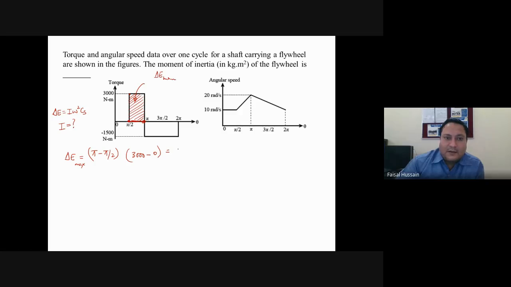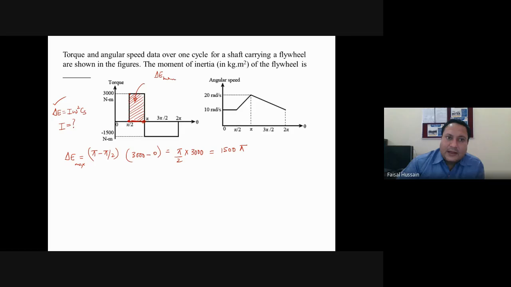So it will be pi minus pi by 2, means 2 pi minus pi by 2, so it will be just pi by 2 multiplied by 3000. So it will be 1500 pi. So see, with the help of this diagram you have determined delta E.